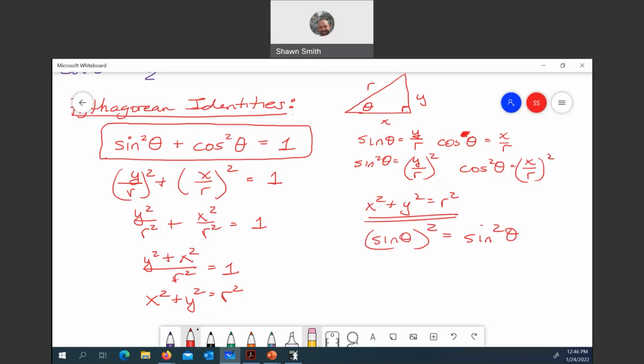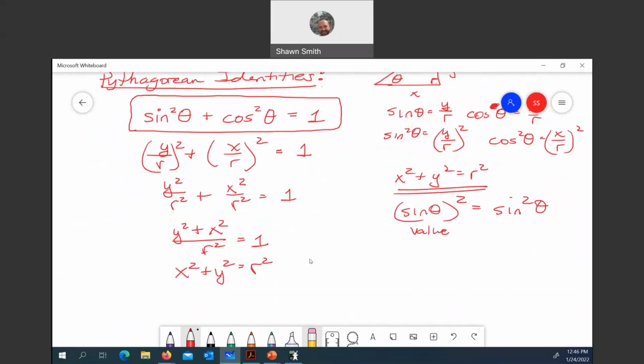So this is not the angle being squared, it's the value being squared. All right, so that's part 1 of your Pythagorean identity. Second part, we'll leave for next time.